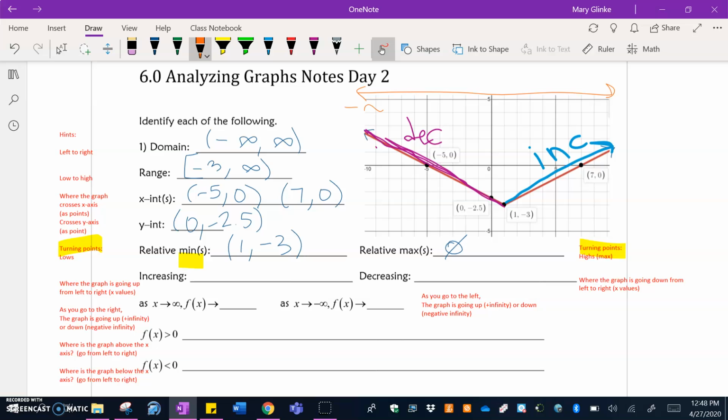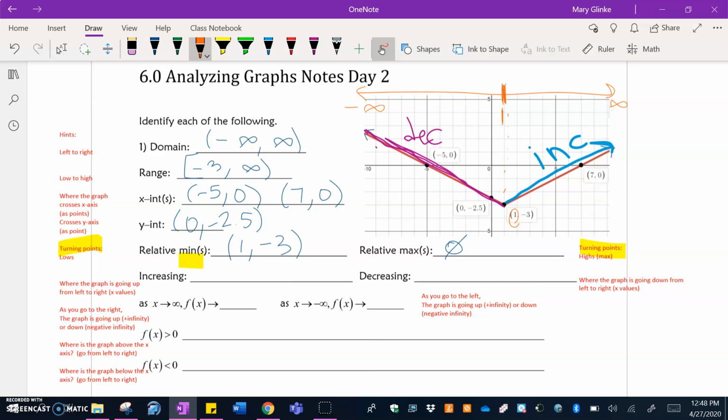All the way on the left is negative infinity. All the way on the right is positive infinity. Where I stopped decreasing and started increasing is at this value right here when x is 1. So I'm going to use this x value of 1 when I am describing increasing and decreasing, because I'm talking about all of my x values.